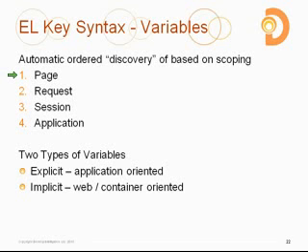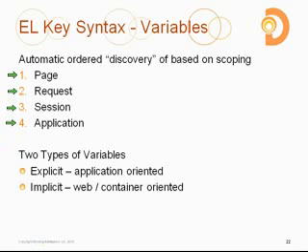These scopes should not be new to you. They are the same scopes that are available to us when we use the JSP useBean tag or when we work with a standard JSP. So in order for the expression language to find my Java bean, the Java bean must be placed in one of those 4 scopes.